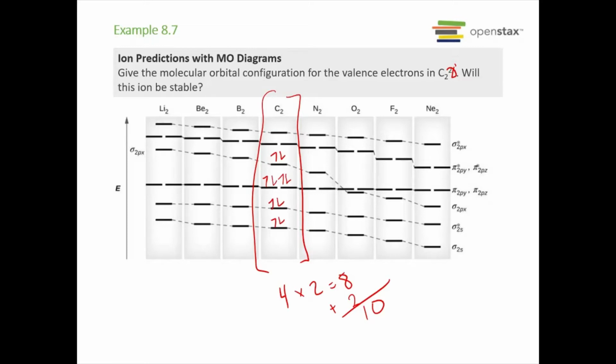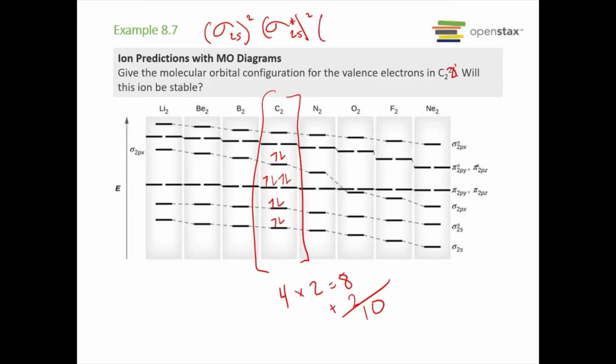So we can go ahead now and do the valence electron configuration. I'm going to do it here at the top. We have a sigma 2s with 2 electrons. Sigma star 2s has 2 electrons. Never mind, we're going to go just in energy order.